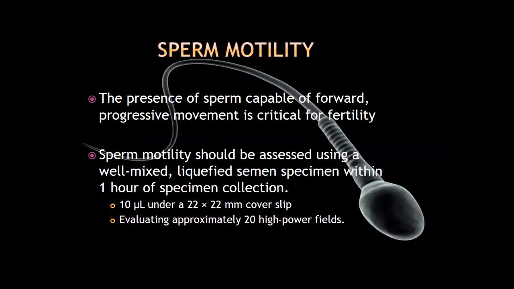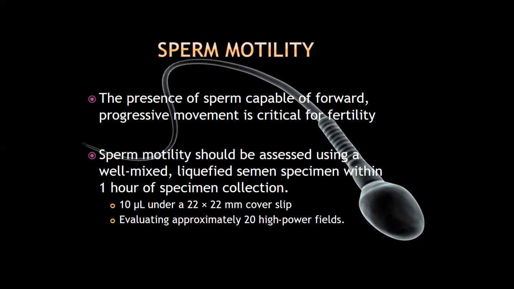Another parameter that we need to take note of is sperm motility. Normally, your sperm is capable of forward progressive movement, which is critical for fertility. Motility should be assessed using a well-mixed liquefied semen specimen within 1 hour of collection.